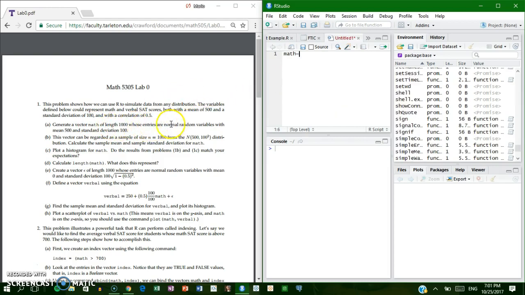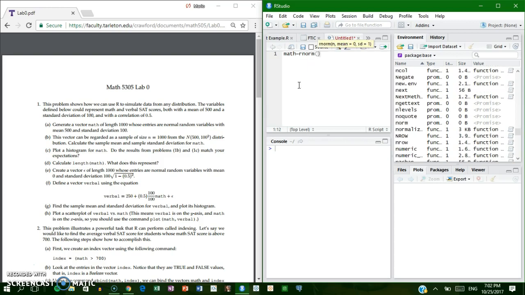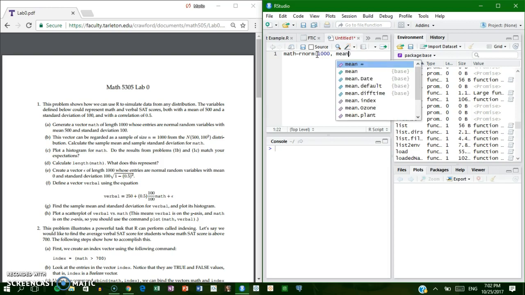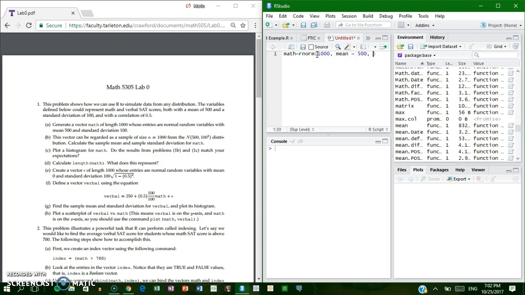Since they are normal random, you have to type the rnorm command. Here n is the size, mean is the mean, and sd is the standard deviation. So n is equal to 1000, mean is equal to 500, and the standard deviation is equal to 100.